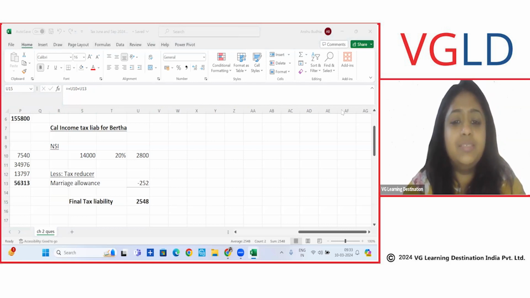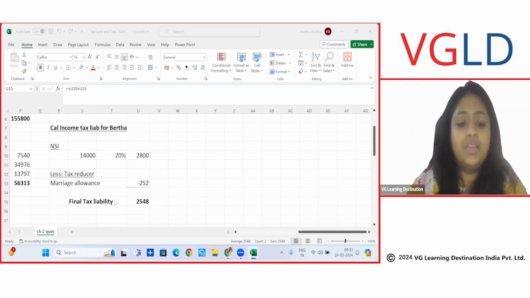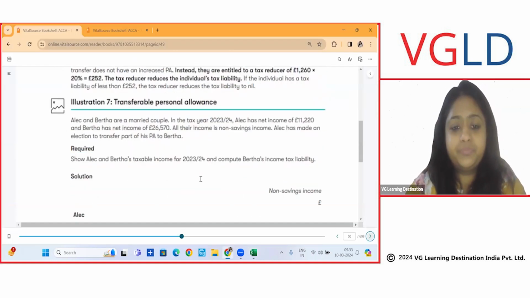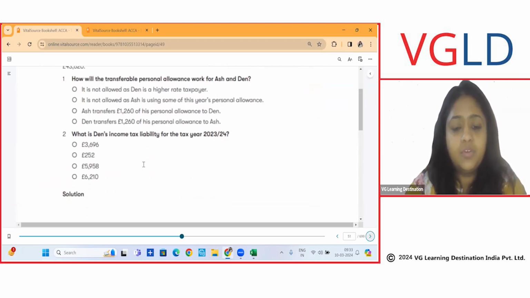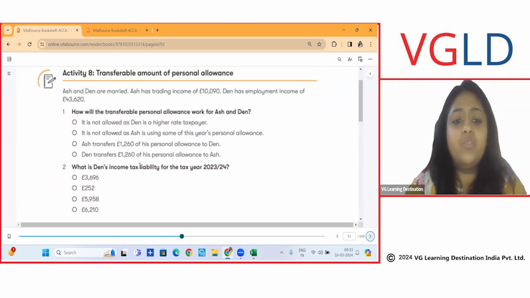Are you clear with this, everyone? Ashna, Nidhi, Deepika, are you all clear? Kritika? Good. Let's try one question now. Okay, let's do this. Very good question.